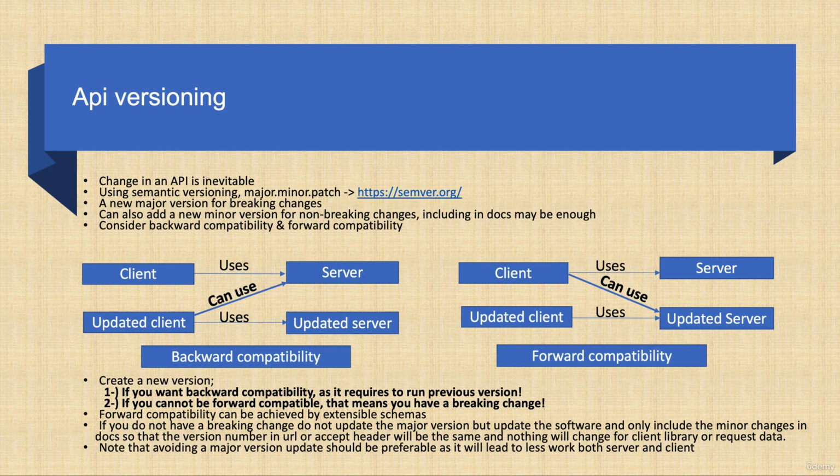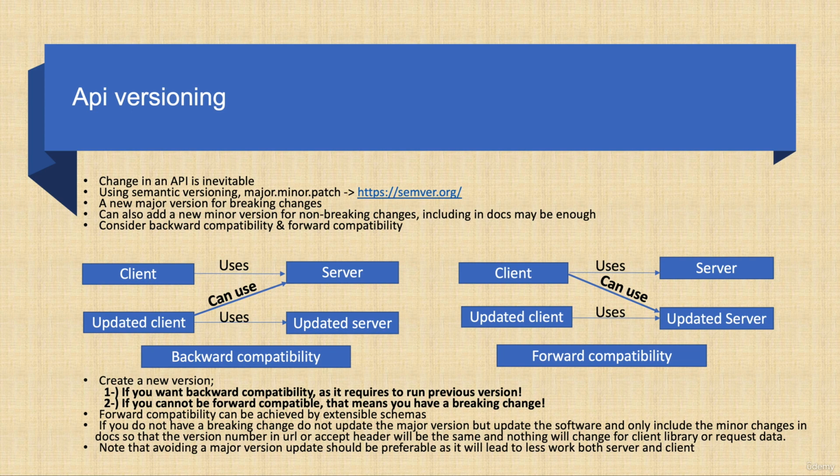If you do not have a breaking change, just do not update the major version, but update the software and only include the minor changes in the documentation, so that the version number in the URL and accept header will remain the same and nothing will change for the client library or request data. Note that avoiding a major version update should be preferable, as it will lead to less work for both client and server.